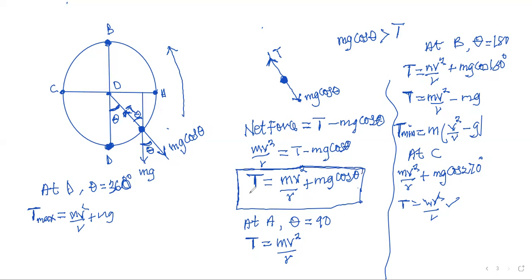Earlier we only analyzed for when the object is above and below, but this expression gives us any general angle theta, and the expression of the tension within the string. Sometimes you'll be asked to calculate the minimum tension and the maximum tension within the string, and this is what you must apply to do those calculations.